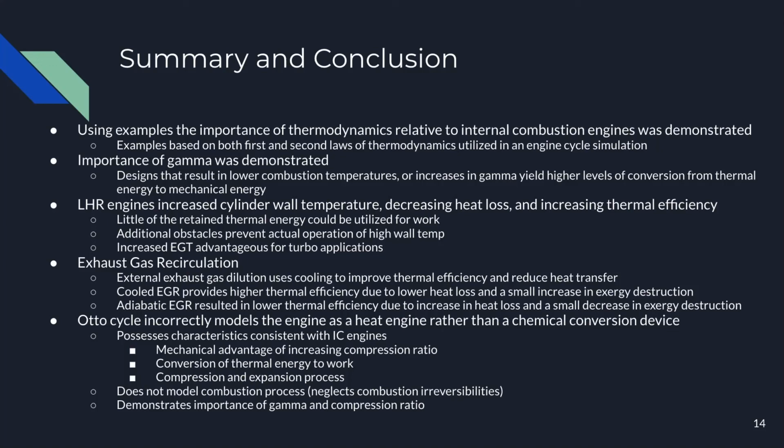And while there are some things that the Otto cycle models fairly well as far as internal combustion engines, it does neglect some combustion and irreversibilities and isn't necessarily 100% accurate to what we'd like to see. But one thing it does do well is it shows us the effects of gamma and the compression ratio on the efficiency of the engine.